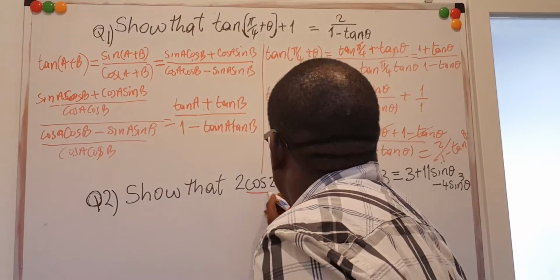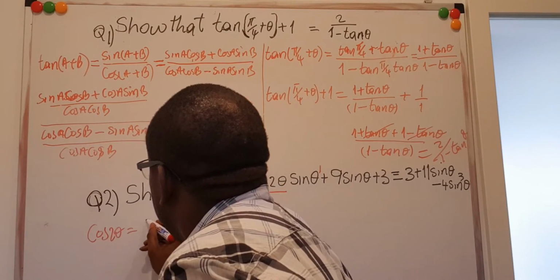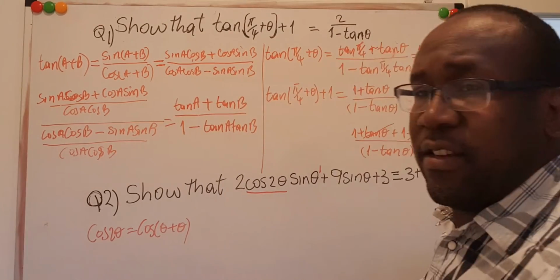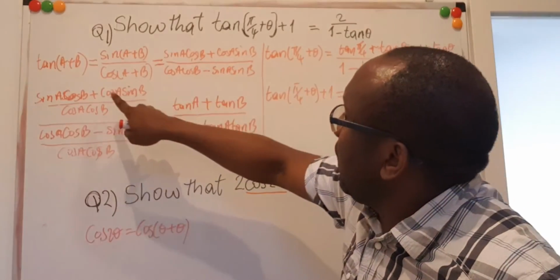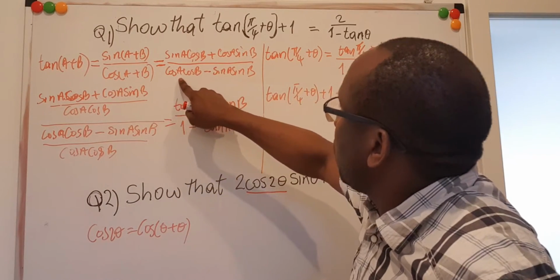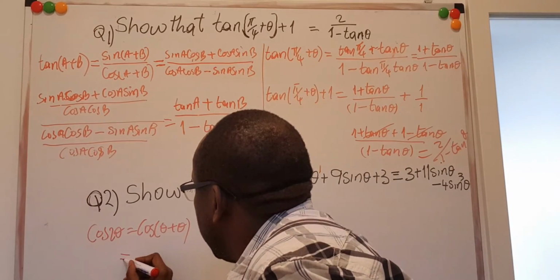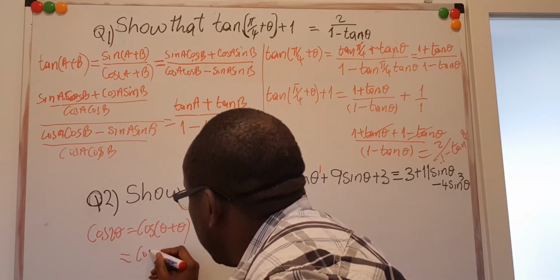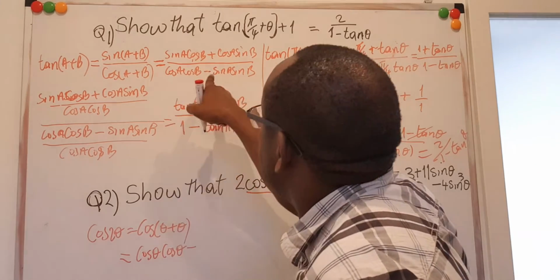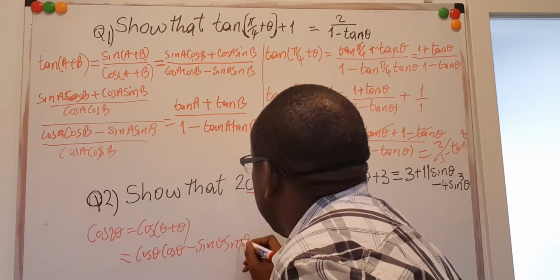We will try to use one of the things you already indicated here. So I will look at this cosine 2 theta. So my cosine 2 theta can be written as cosine of theta plus theta. That's nice, yes? And if we look well, I already indicated that the cosine of A plus B is cosine of A, cosine of B minus sine of A, sine of B. So this is going to be the cosine of theta times the cosine of theta minus, you see, it was minus there, the sine of theta times the sine of theta.